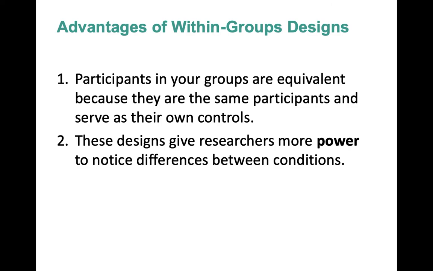Even one's tendency to give high versus low ratings on a rating scale is an example. So power is greater, and it's related to, number one, because by serving as their own controls, error variance, unsystematic variability, is reduced.